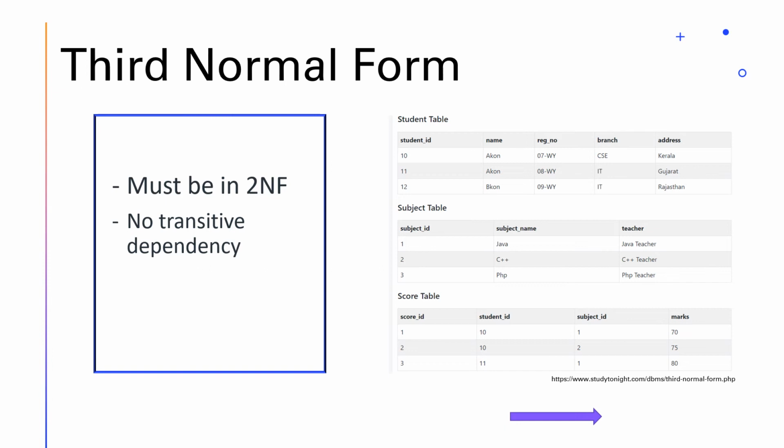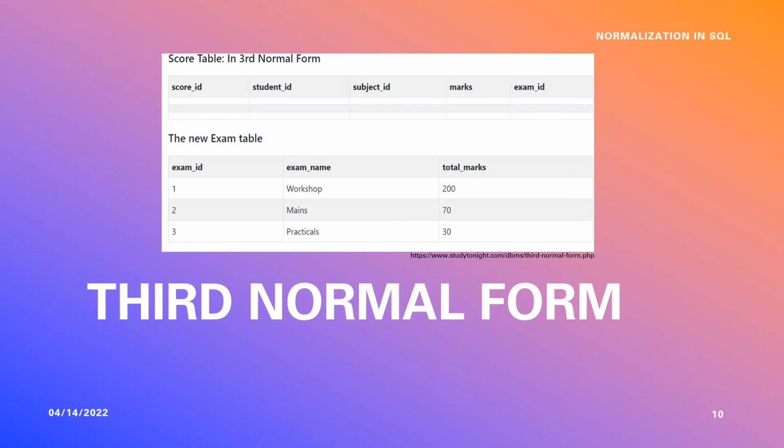Third normal form ensures a reduction of data duplication. Transitive dependency is when a non-prime attribute depends on another non-prime attribute rather than depending upon the prime attributes or primary key. With exam name and total marks added to our score table, it saves more data now.